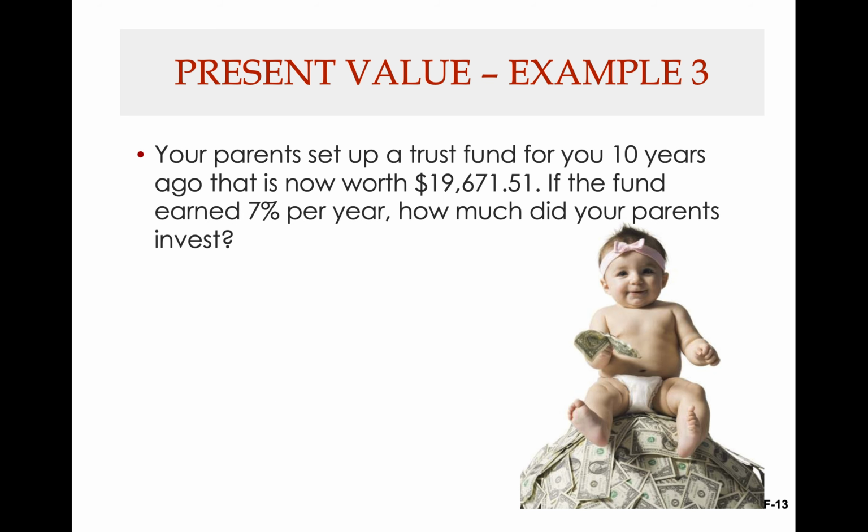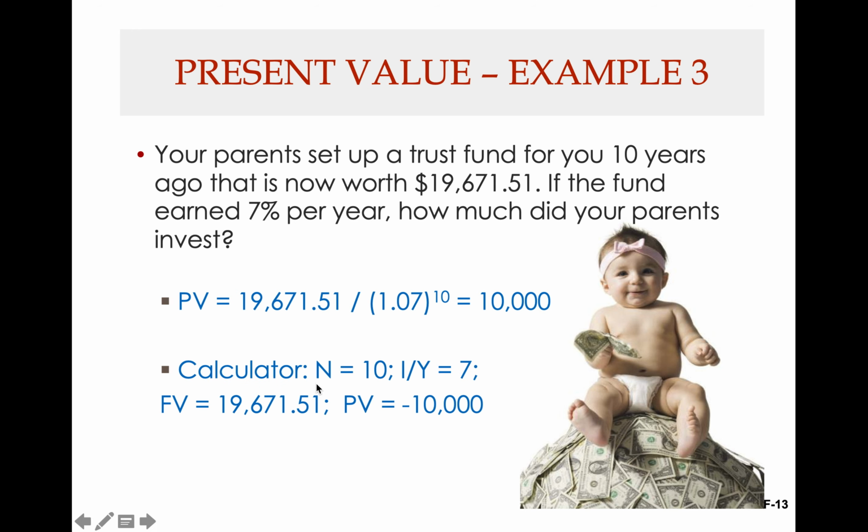Now let's work on another problem. Your parents set up a trust fund for you 10 years ago that is now worth $19,671.51. If the fund earned 7% per year, how much did your parents invest? Again, using our present value formula, we can find that your parents invested $10,000 10 years ago.